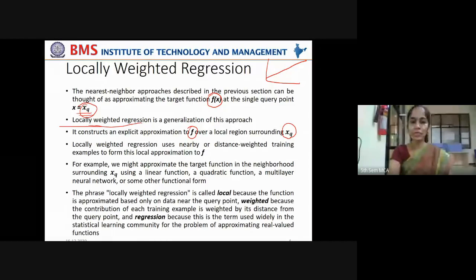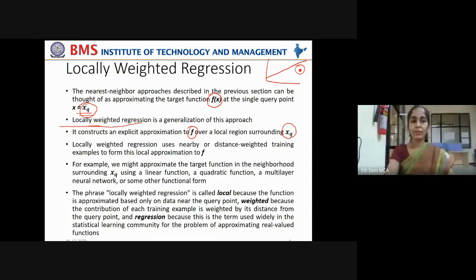Okay, so it constructs an explicit approximation to F for the local region surrounding this XQ. You take a data point, and only locally it is considered. The local region or the similarities around that particular region is considered, so the approximation is done only around that local region.